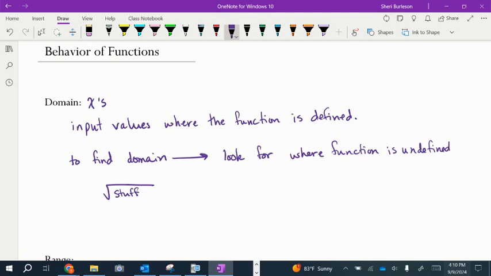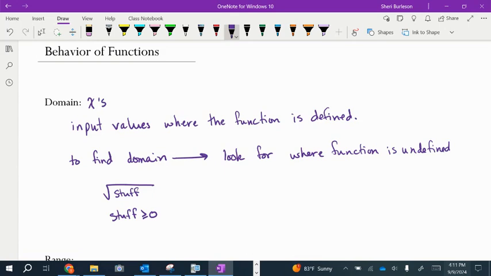Let's just say the square root of some stuff, okay? We are only able, with real numbers, to take the square root of positive numbers or 0. So that means the domain for that is going to be defined wherever what's underneath the square root is either positive or 0. We can take the square root of 0 and we can take the square root of positive numbers, but what is underneath the square root cannot be negative.